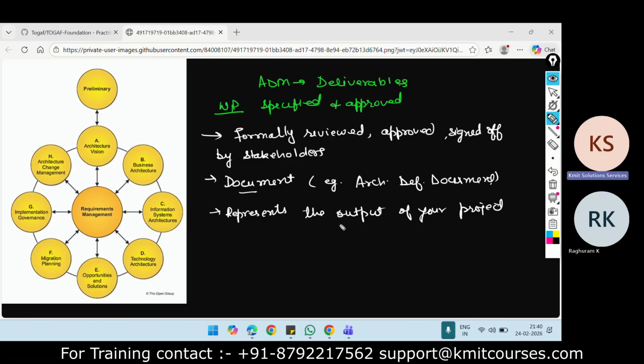And once it is completed, for example, you implement your solution, everything is signed off, then you can archive it, archived at completion.